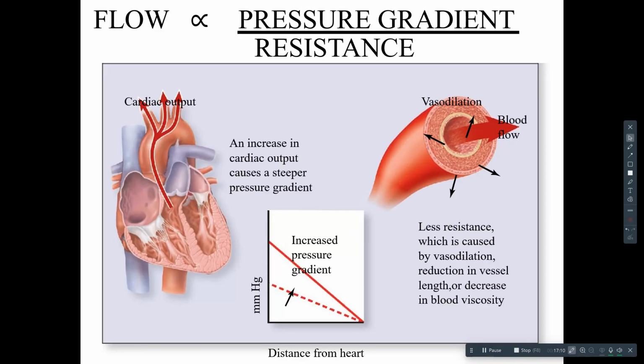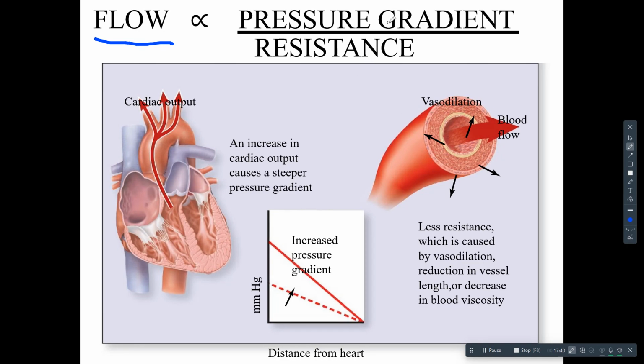Now, if I want more blood to go to a place, I need to change at least one of these, if not both. Ideally, if I want greater flow, I'm going to increase my cardiac output, which means more pressure, a bigger pressure gradient, and then I'm going to vasodilate in the area where I want to send blood, lowering the resistance there.